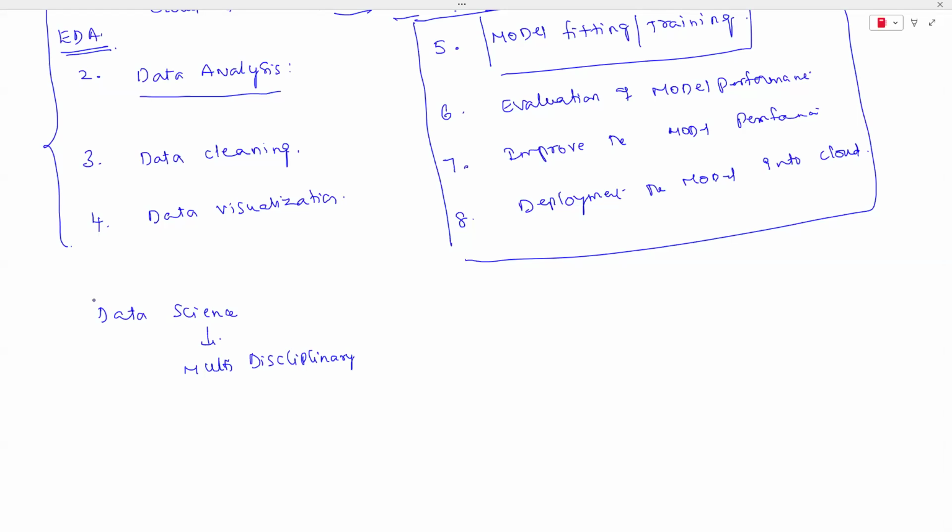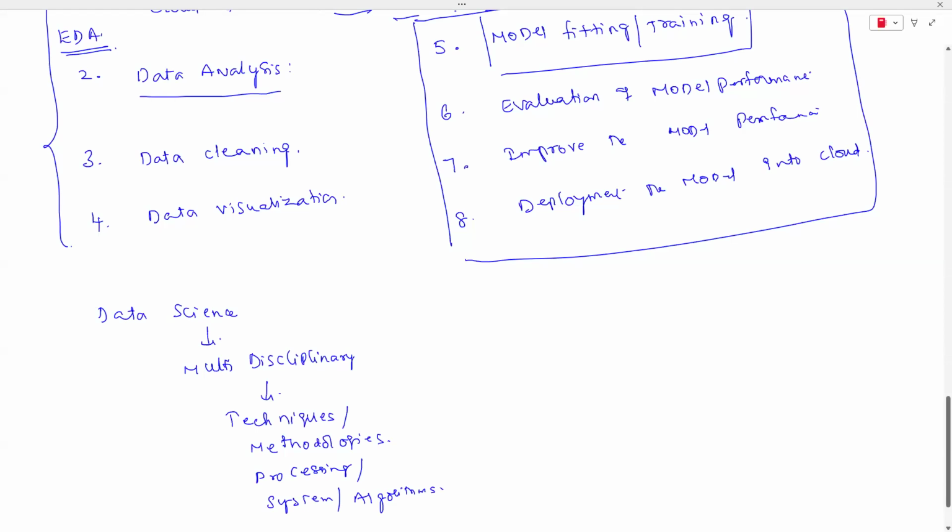It's a field where we are going to use various techniques, learn different types of methodologies, different types of processing, and use different types of systems, as well as different types of algorithms.